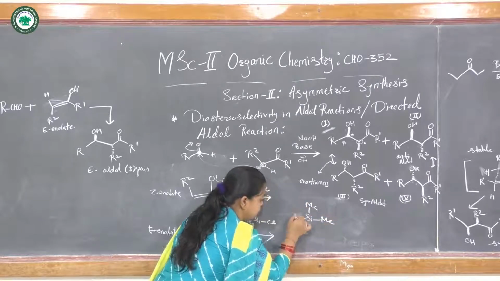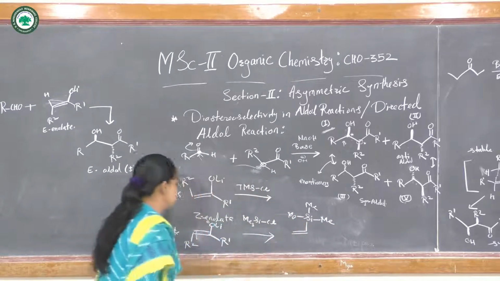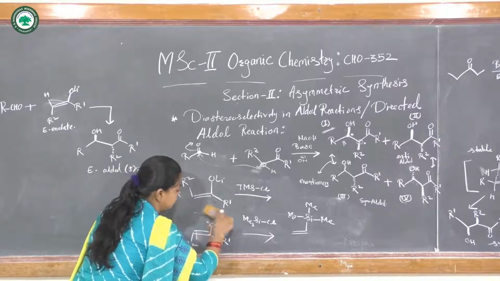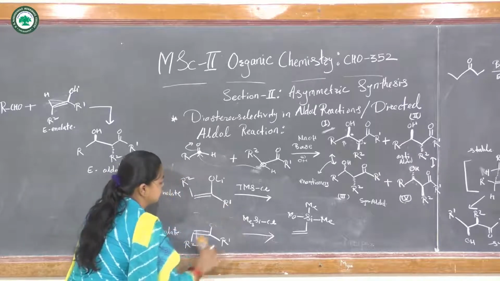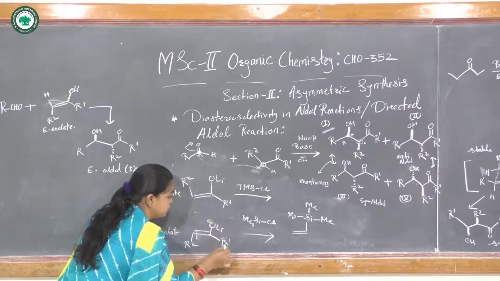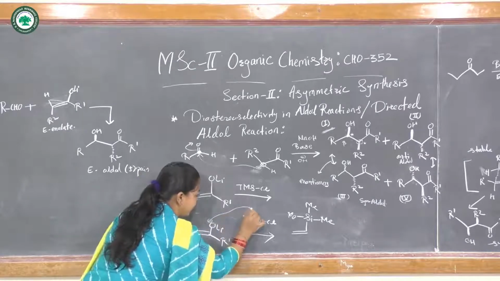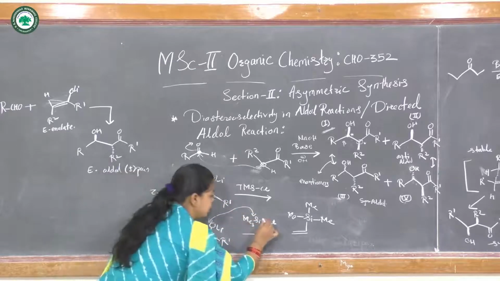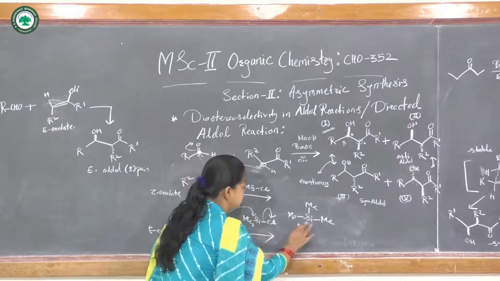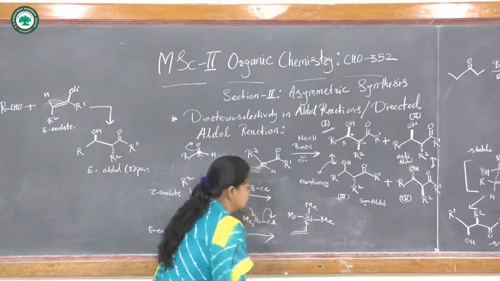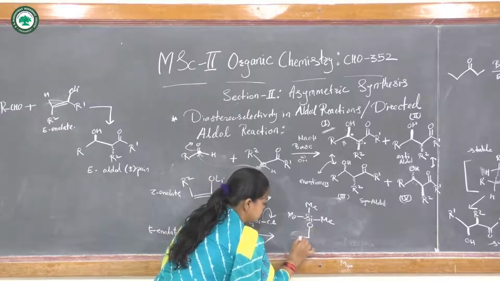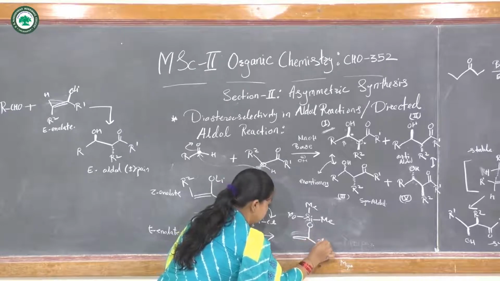An SN2 type of reaction occurs. This oxygen, having the negative charge, will attack the silicon and the chloride ion will get removed, and we get the corresponding silyl enol ethers.